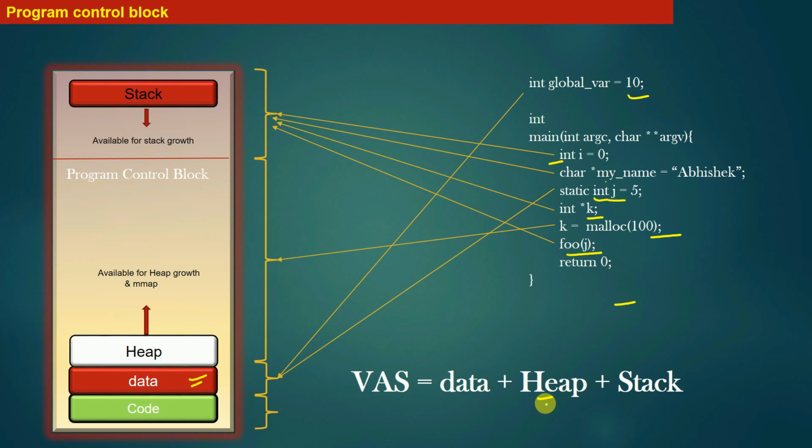Therefore, the heap memory portion also comes under your virtual address space, and of course your program can always access the local variables of all the functions. So when your function executes, you actually access the local variables. So the stack memory also contributes towards your program's virtual address space, right? So the virtual address space of a program is nothing but the summation of data memory, heap memory, and stack memory.